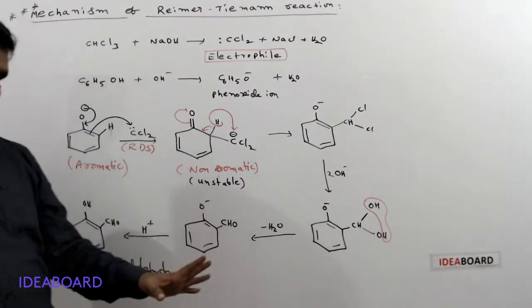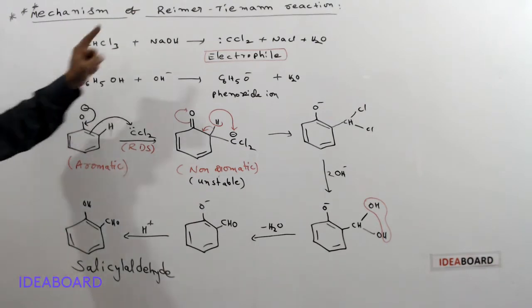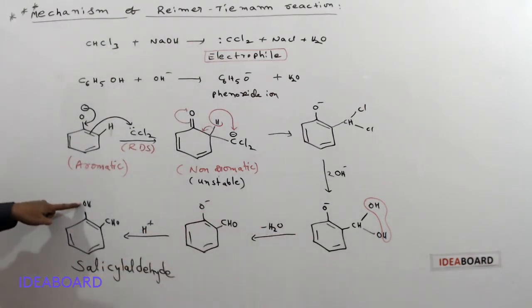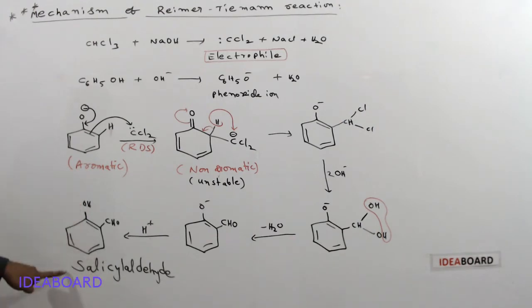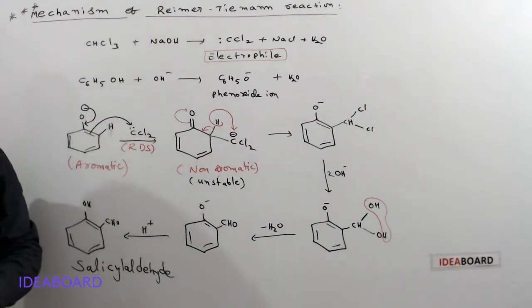You please check it. Based on that, you can write the intermediate. Here O minus is phenoxide. Finally, you will get phenol type. This is ortho-hydroxybenzaldehyde or salicylaldehyde, and this is the main or major product in Reimer-Tiemann reaction. So this is the mechanism for Reimer-Tiemann reaction.